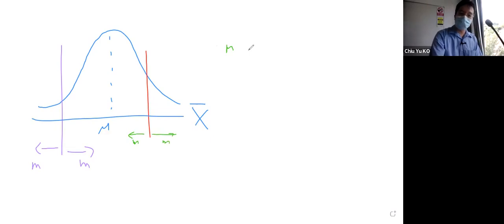In the two cases I used the red color, which is very annoying. In both of these cases, the interval of M is not including the mu. But in the other case, maybe the green one.